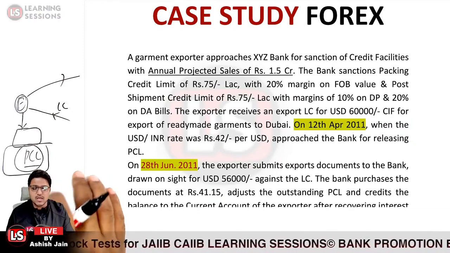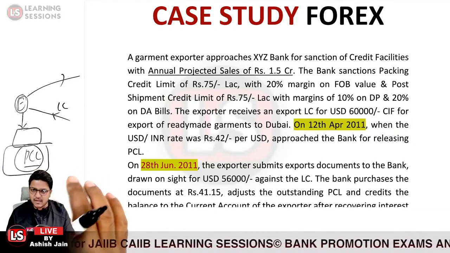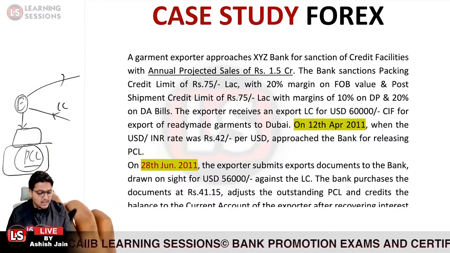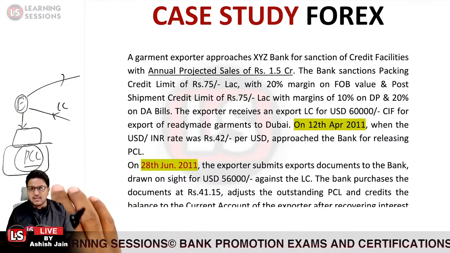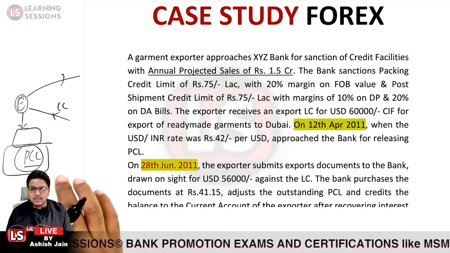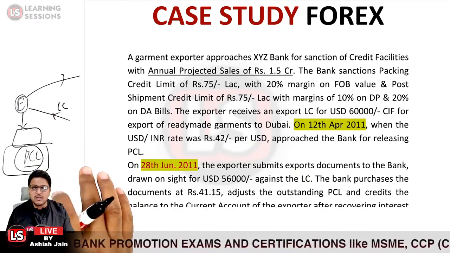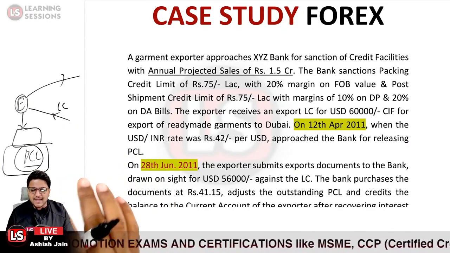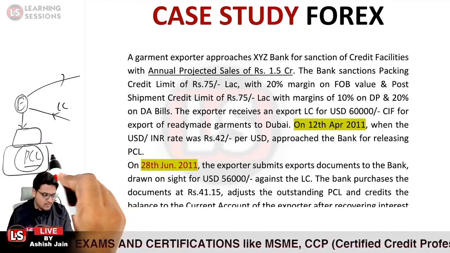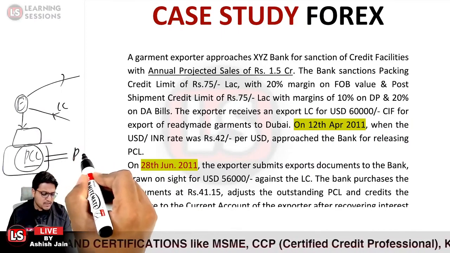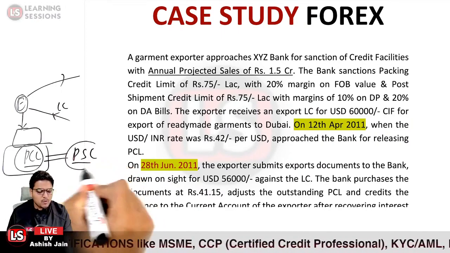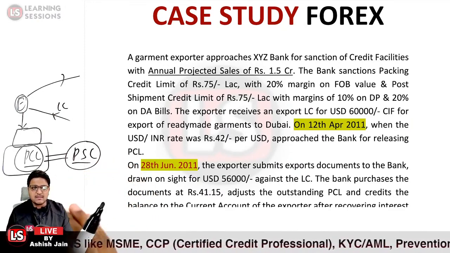That is covered under the pre-shipment credit. Once he has shipped the goods and has drawn the bills on the importer, in that particular case the pre-shipment credit will be converted into the post-shipment credit. That is the case over here.